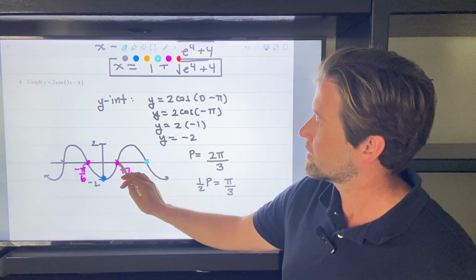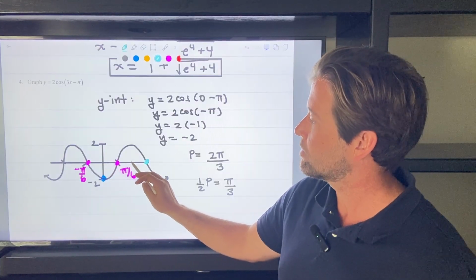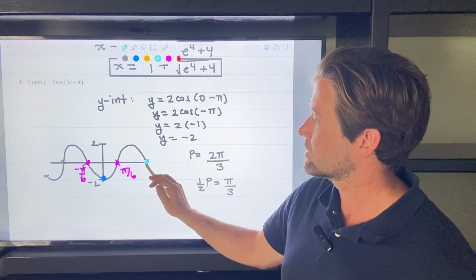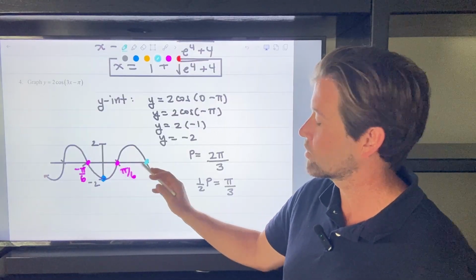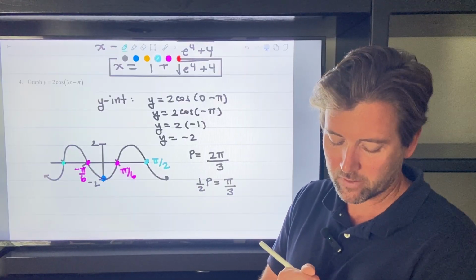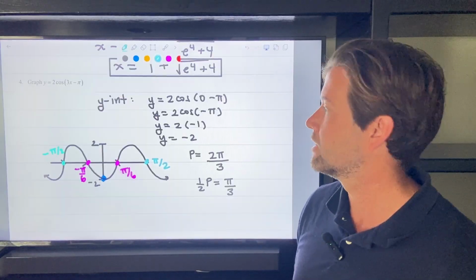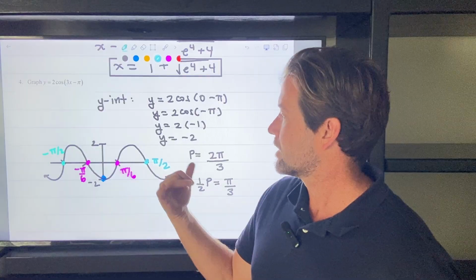Let me do it this way. This pink point from 0 to here is pi over 6. There's another pi over 6, that's 2 pi over 6, 3 pi over 6, which reduces to pi over 2. And this has to be the opposite of that. Again, this looks like a cosine function with a reflection, like the parent graph.